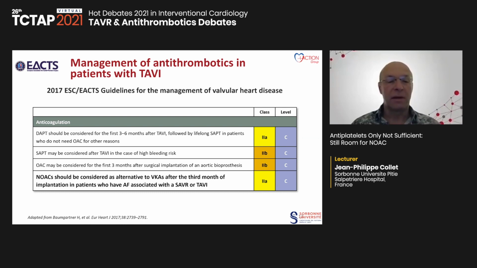And you can see at the bottom of this table that NOAC should be considered as an alternative to VKA, but only after 3 months. And this reflects the lack of scientific evidence.